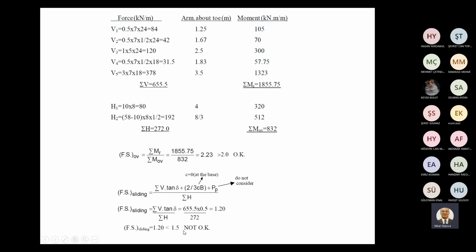But for sliding, safety factor is taken as 1.5. But the result is less than 1.5, so it's not okay. We have to modify our design to satisfy this safety factor for sliding.